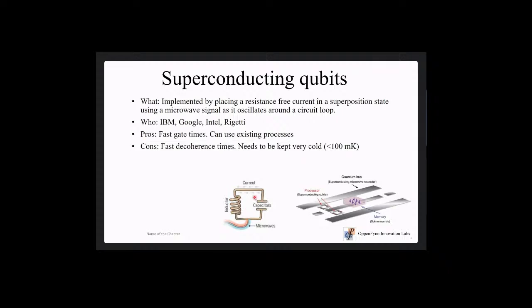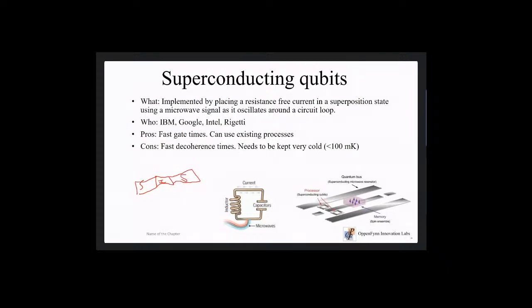So in the case of a superconducting qubit, typically what you have is a slab of superconductor, then you have an insulator in between, and then you have another superconductor here. It's also called the Josephson junction.